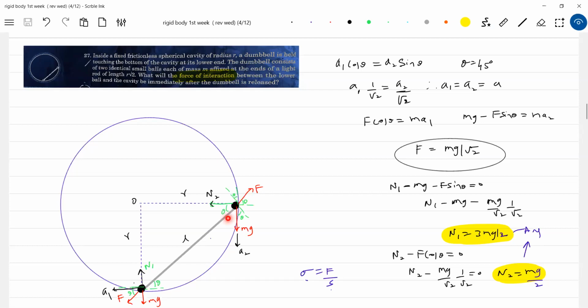By the rod on the ball, and by the ball on the rod will be like this. We have to show it. It will tend to undergo compression, not elongation. So a compressive stress will be developed here.